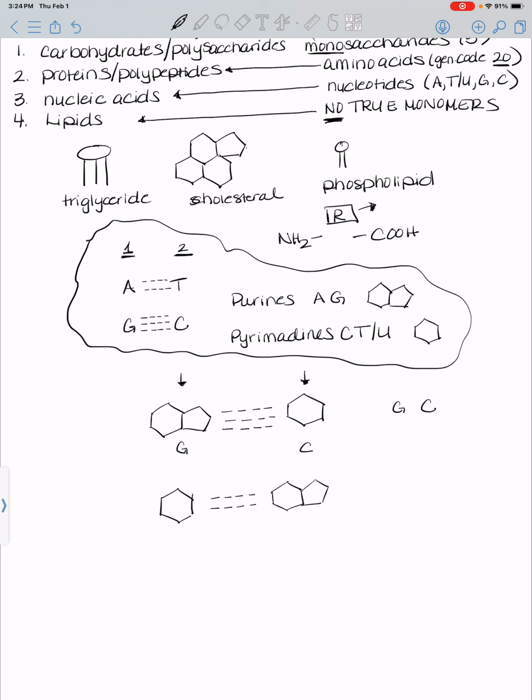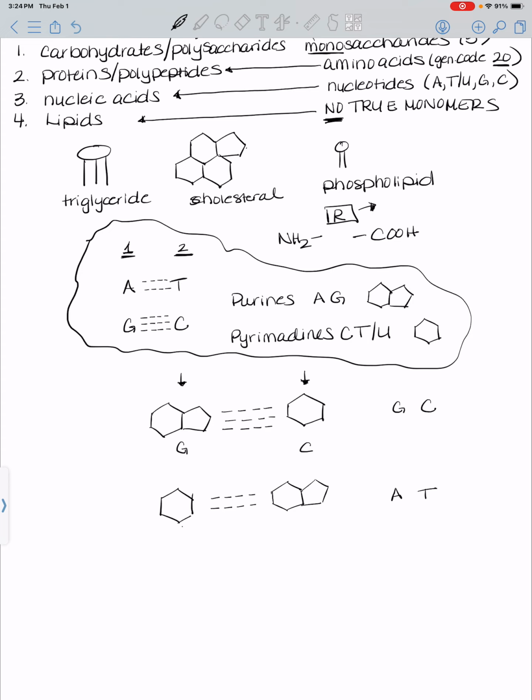Another thing I didn't mention, but as a rule, is a purine always base pairs with a pyrimidine. So you never have 2 purines together or 2 pyrimidines together. So if you looked at our base pairing rules, it's always a purine with a pyrimidine. Those are our only options. So I look here and I see we have 2 hydrogen bonds. So I know this has to be an adenine and a thymine if we're talking about DNA.